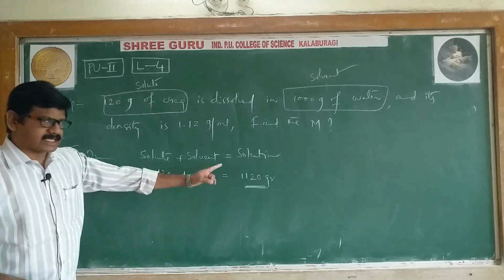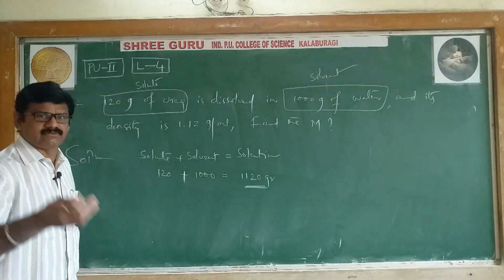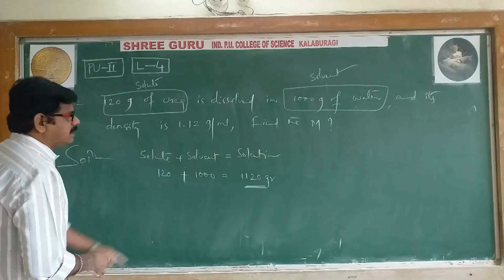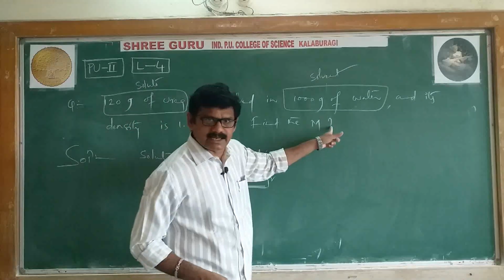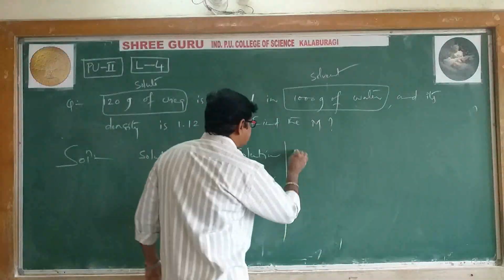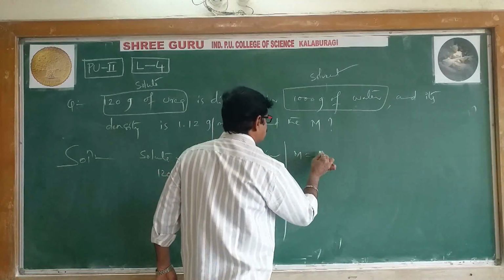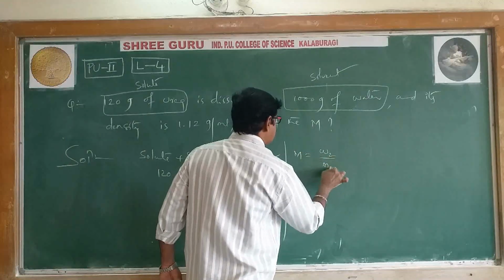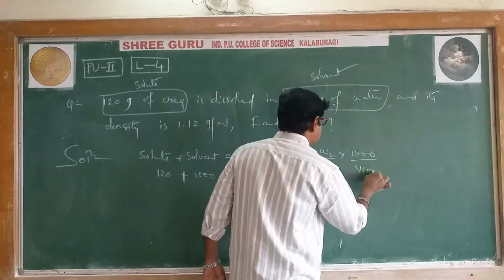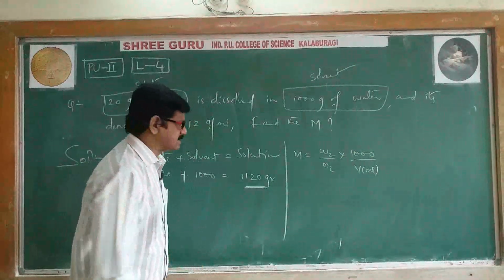Right. After getting the mass of solution, we'll calculate the volume of solution, because to find molarity, volume is needed. Therefore, directly we'll substitute here. Molarity is equal to mass of solute by molar mass of solute into 1000 by volume of solution in milliliters.